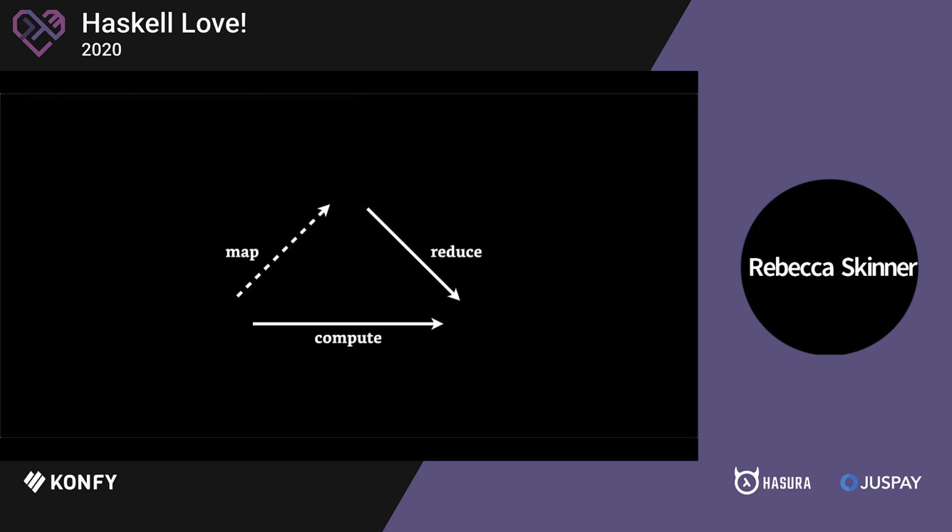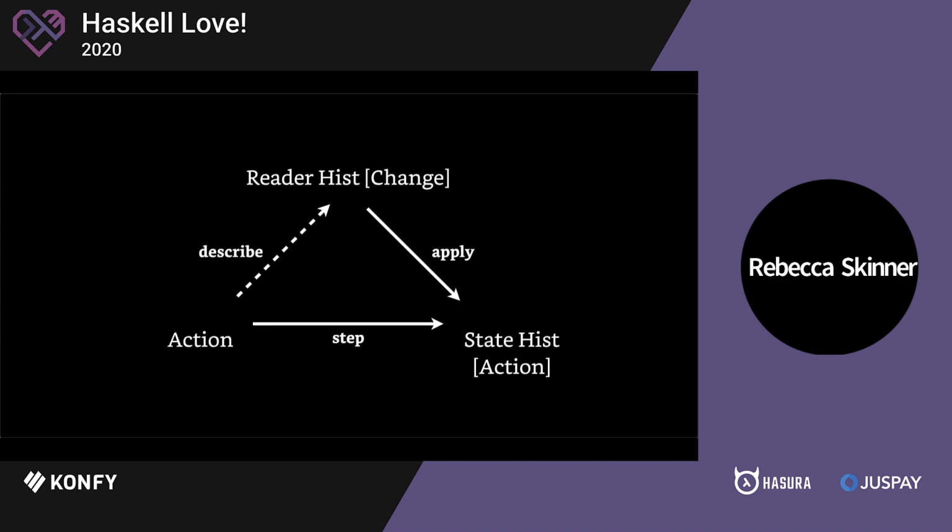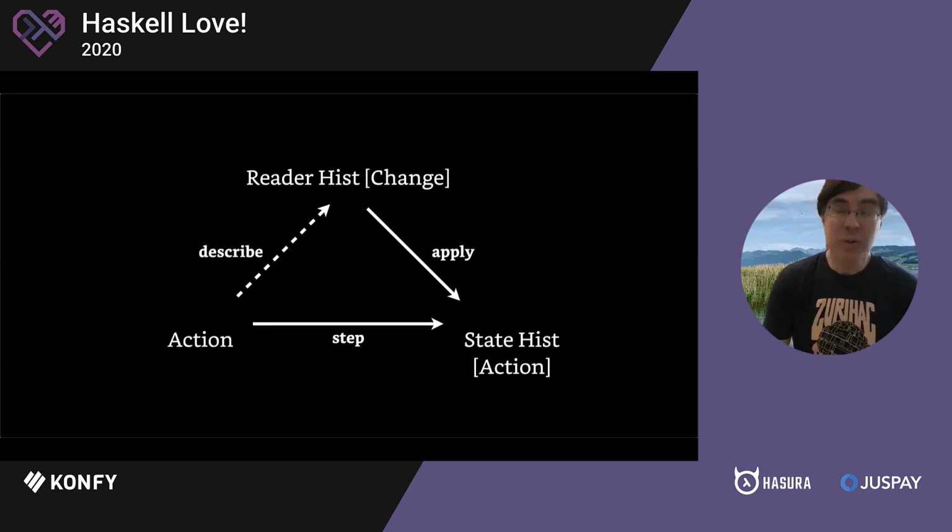Another question is, do we assume that describe is always non-lossy? Not only is that an assumption, as we go a little bit further, I'm going to show that it becomes a requirement for this pattern. The composition of describe and apply must be equivalent to step for this technique to hold.